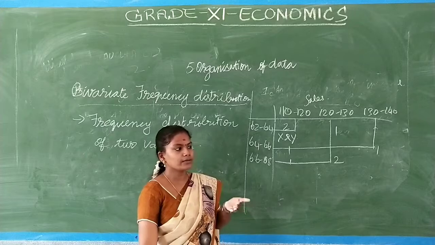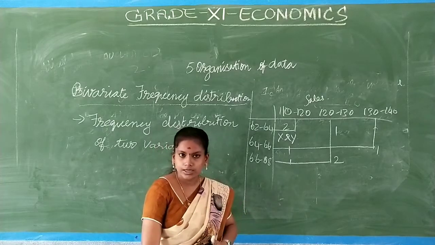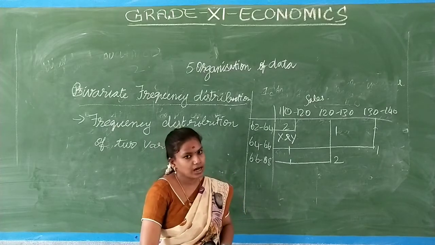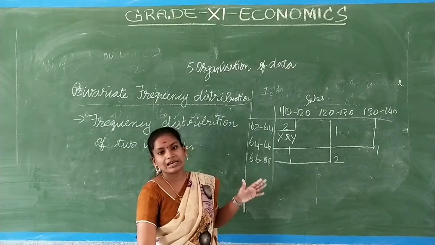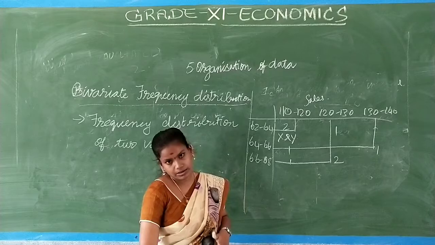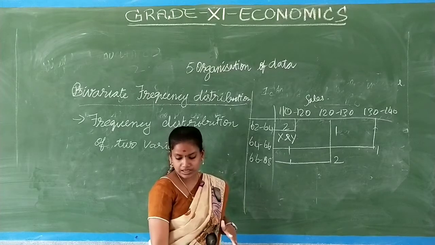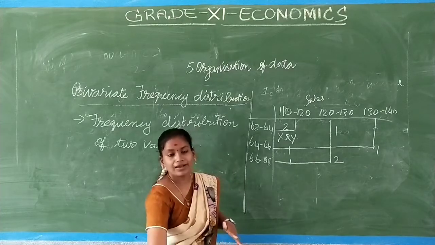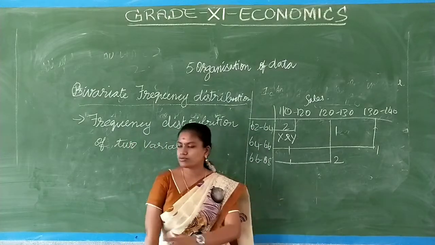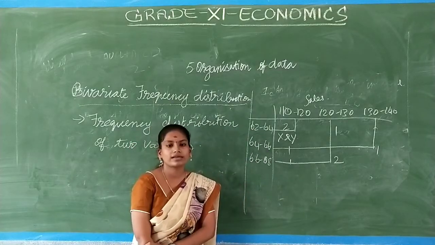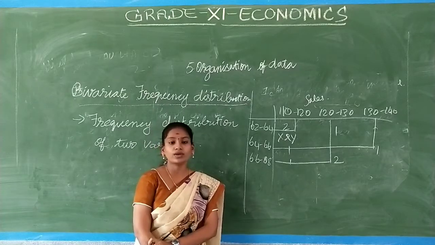For continuous variables, you will use the tally marking system. You have to do the adjustment in class interval. And finally, we spoke about frequency array, which is related to discrete variables. After that, what did we discuss? We discussed the bivariate frequency distribution. A frequency distribution of two variables is called a bivariate frequency distribution.